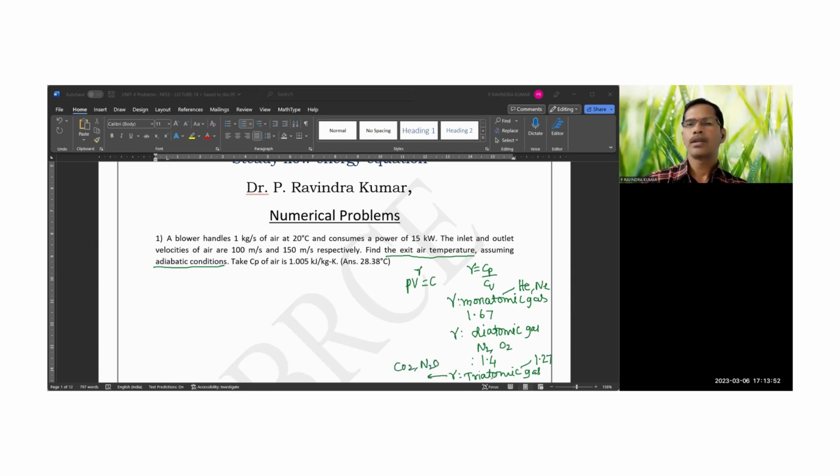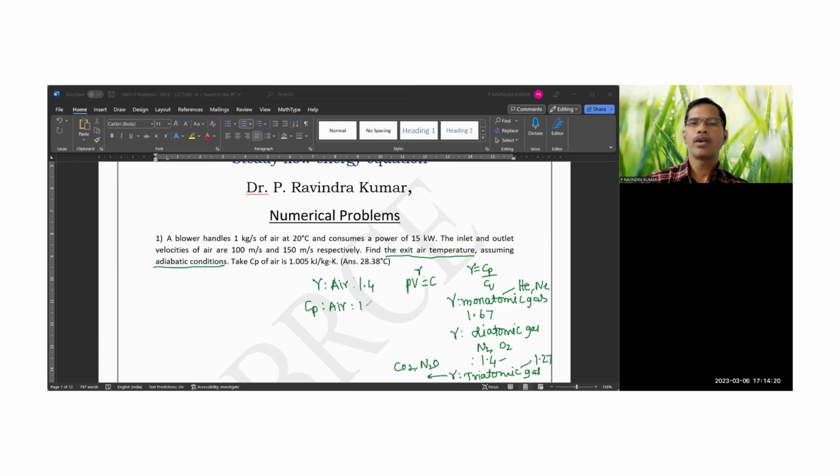So for triatomic gas it is 1.27 to 1.3, for diatomic gas it is 1.4, and for monoatomic gas it is 1.67. The gamma for air, the standard value, is 1.4.